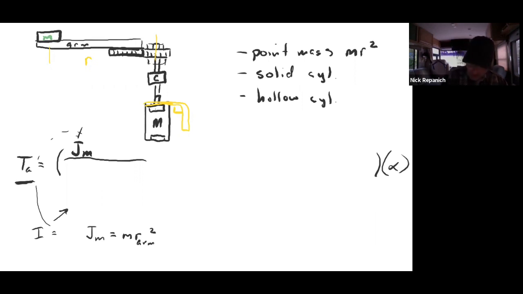Now, the reason I drew this in the numerator means that there's a denominator. And in the denominator, you're going to put two things. The two things that go in the denominator are inefficiencies and gear ratios.